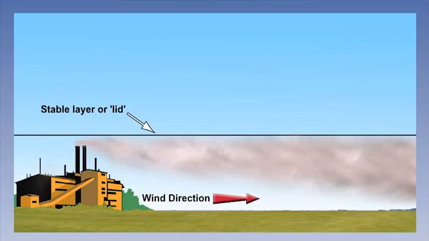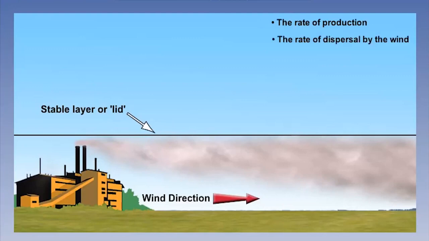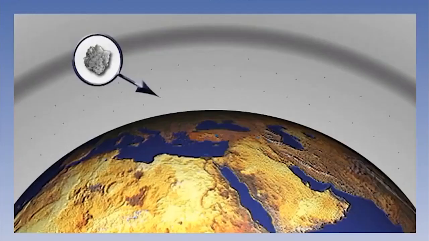Conditions will be worse in a stable atmosphere, and the reduction will depend on the rate of production, the rate of dispersal by the wind, and the distance from the source. Dust is made up of fine particles, usually less than 0.08 millimeters across. Dust can be carried high into the troposphere, depending on the wind speed and stability.